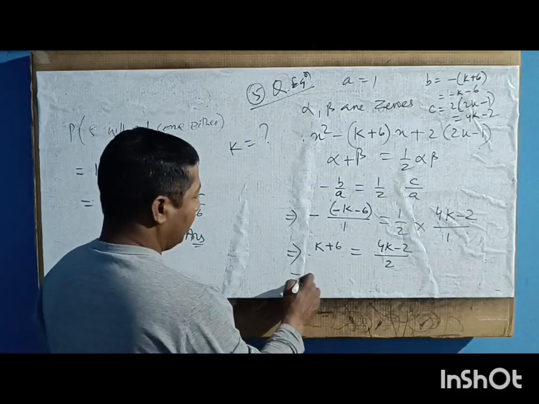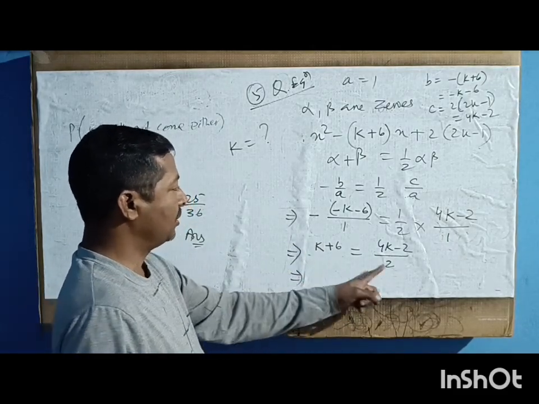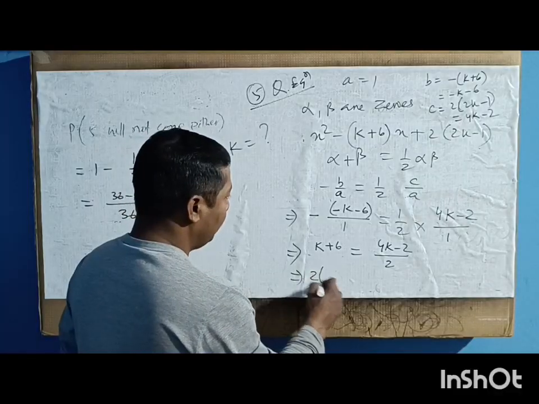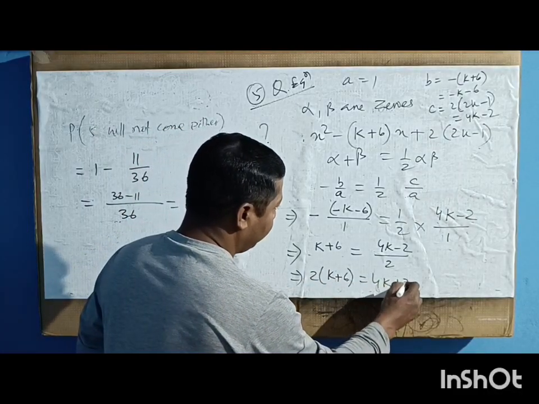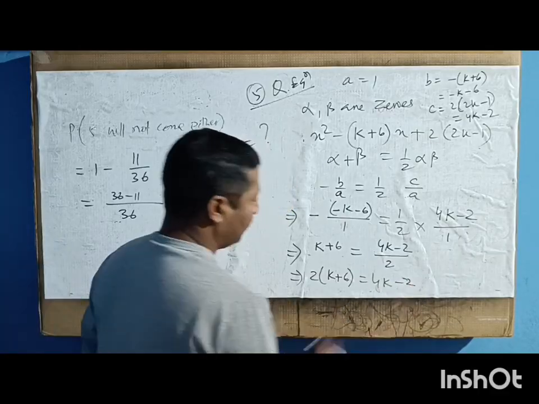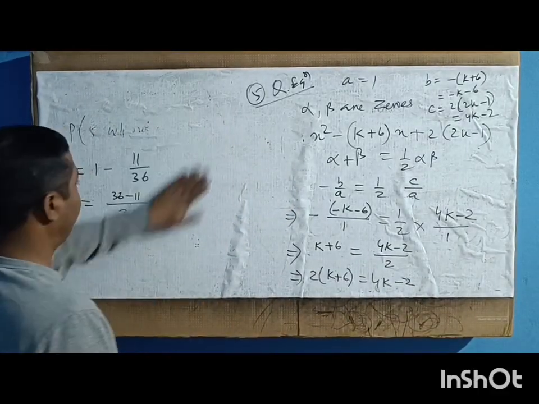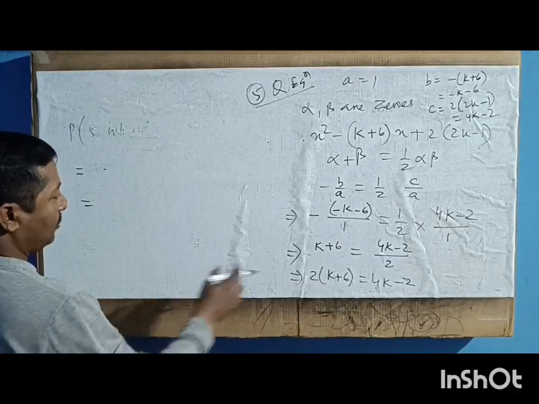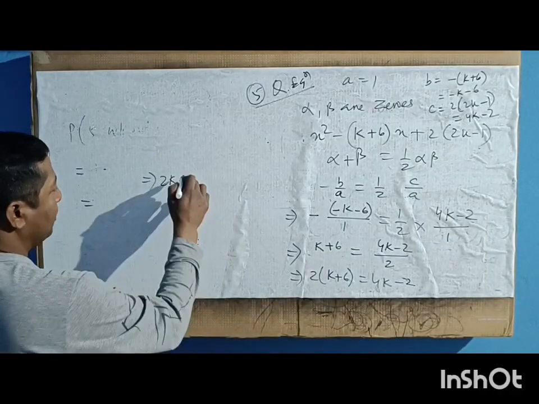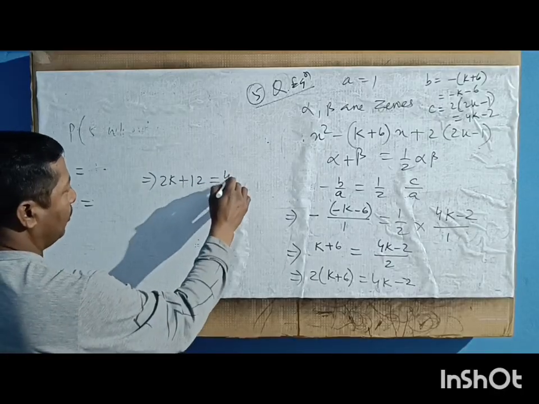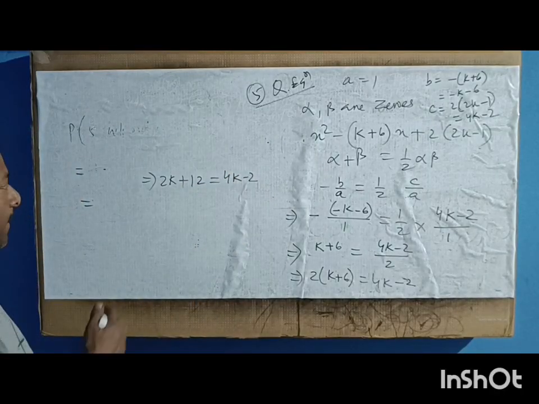Let's take this 2 here. It will be multiplied on the other side because it is divided here. 2 into (k plus 6) equals 4k minus 2. So 2 into k is 2k plus 2 into 6 is 12, equals 4k minus 2. Could you follow up to this?